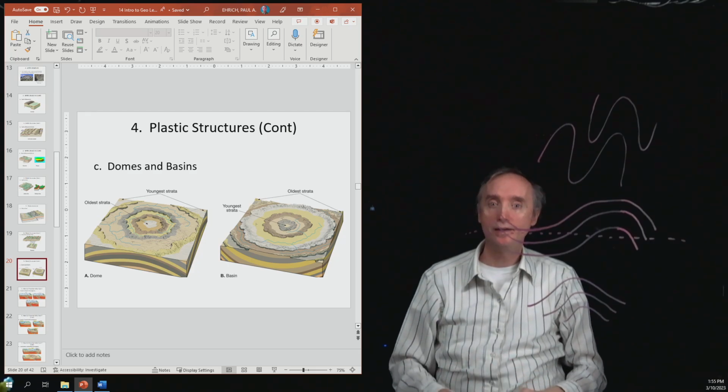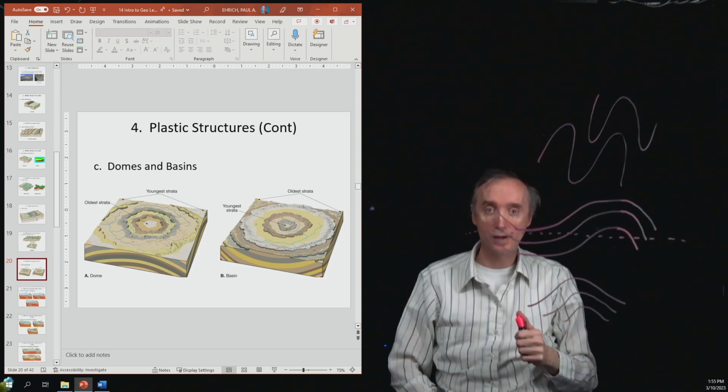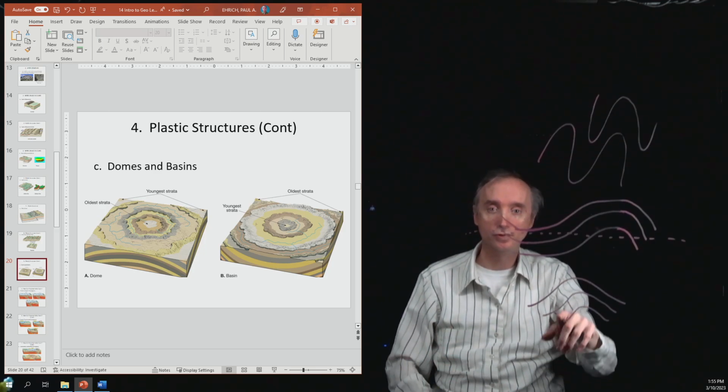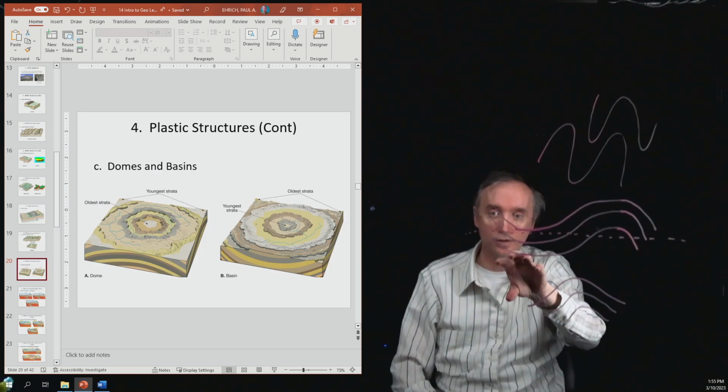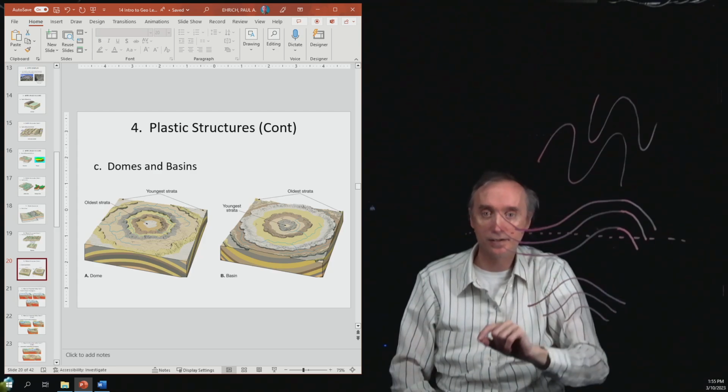Okay, related to anticlines and synclines are going to be domes and basins. If you want to think about it, a dome is a three-dimensional anticline, and a basin is a three-dimensional syncline. If you look at it from the side view, you'll notice that the dome is going to look like an anticline.